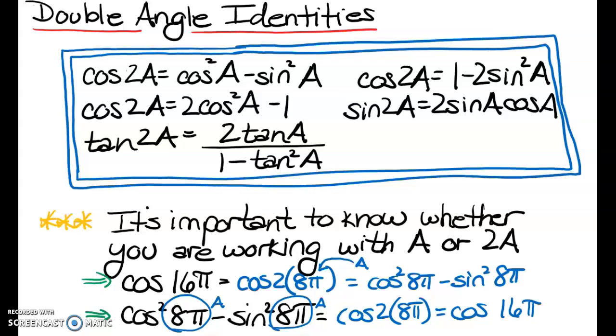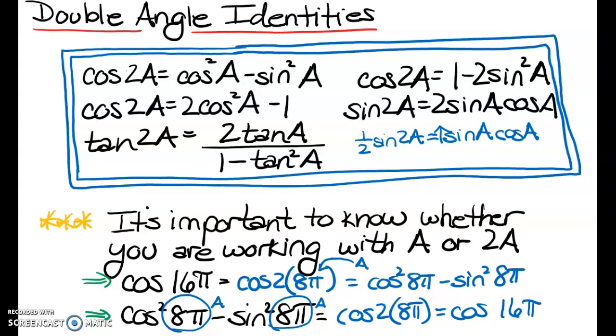All right. So the other important thing is that these double angle identities, and in fact all of our identities that they give us, you can manipulate them. They don't have to stand the way they are. So for instance, if I didn't want this 2 here in front, I could divide both sides by a half, and now I have a new identity that looks like this.